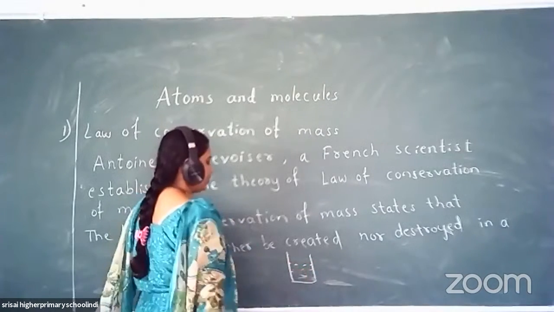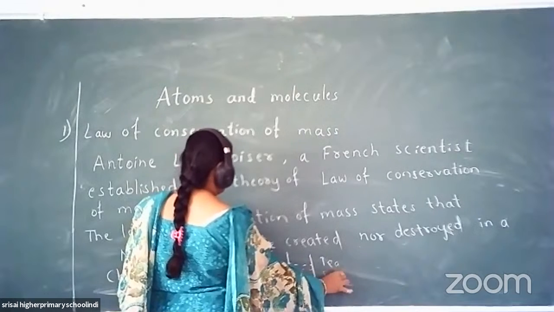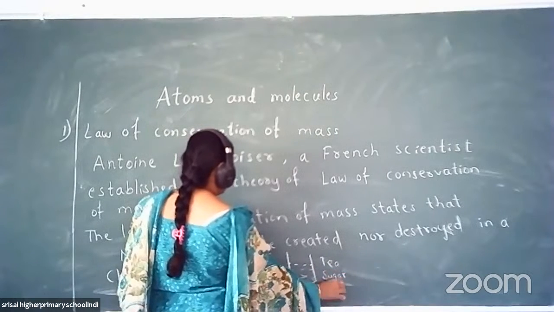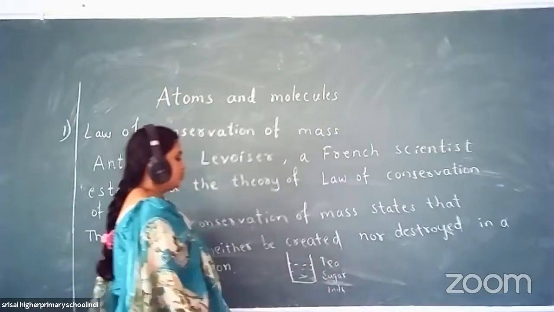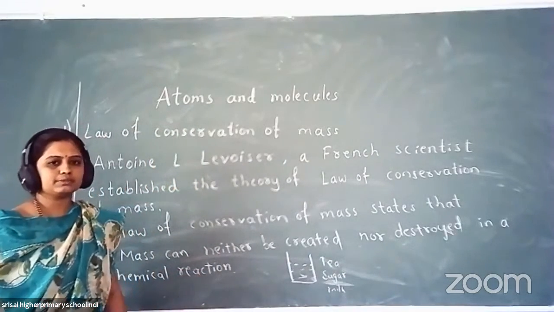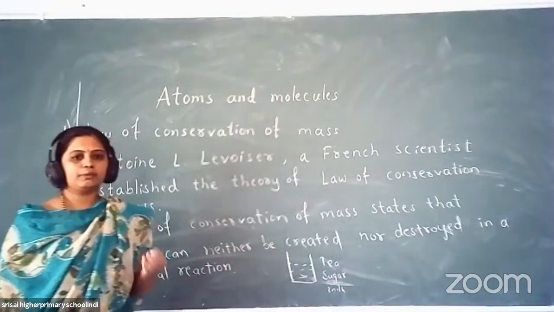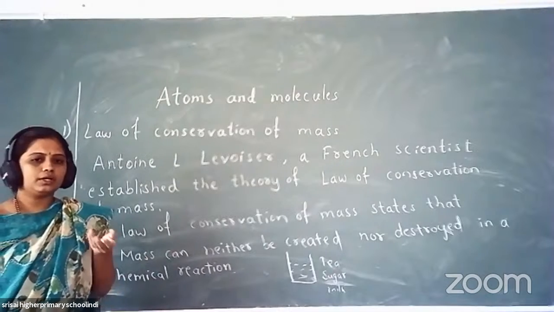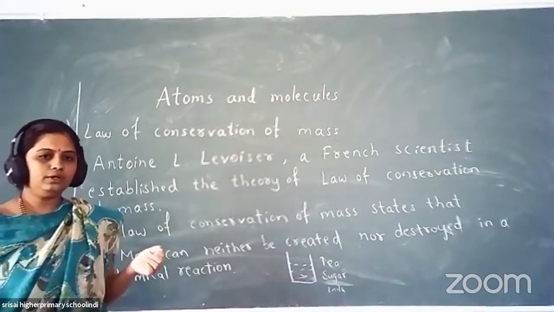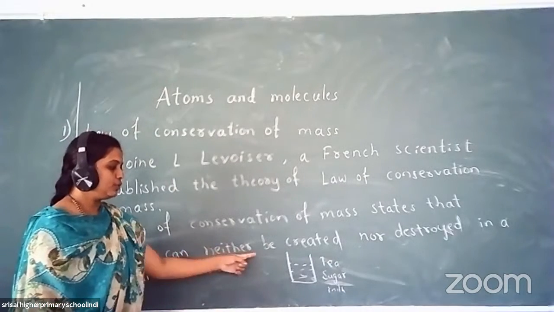We use tea powder, sugar and milk. Mass means we use, say, 10 grams of tea powder and 10 grams of sugar, and we use milk.